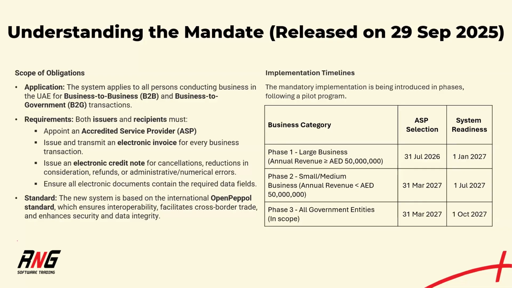So there is no cancellation of invoices. Once you generate an invoice, that's it, you cannot delete or cancel the invoice. If you want to do something about it, you will have to issue a credit note. And ensure all electronic documents contain the required data fields. There are almost 51 fields required in the invoice format, which I'll show you in some time, on what those 51 things are that you need to have.